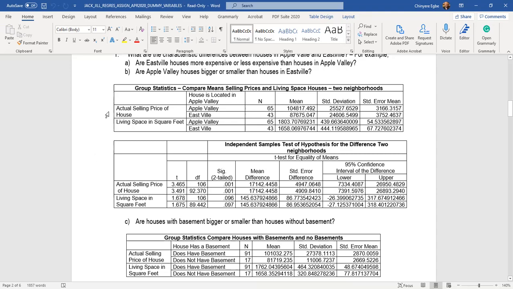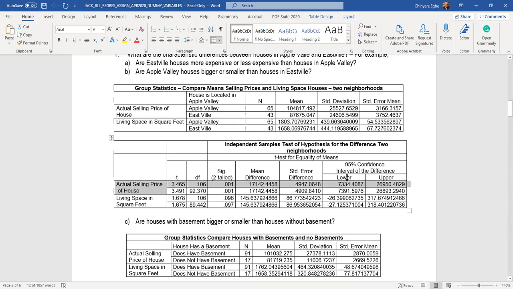Here you have the actual selling price of houses. You are comparing Apple Valley to Eastville. Is that correct? Yeah. So you use the standard deviation and what have you. In this independent sample test, you see there's a difference in the price of houses.